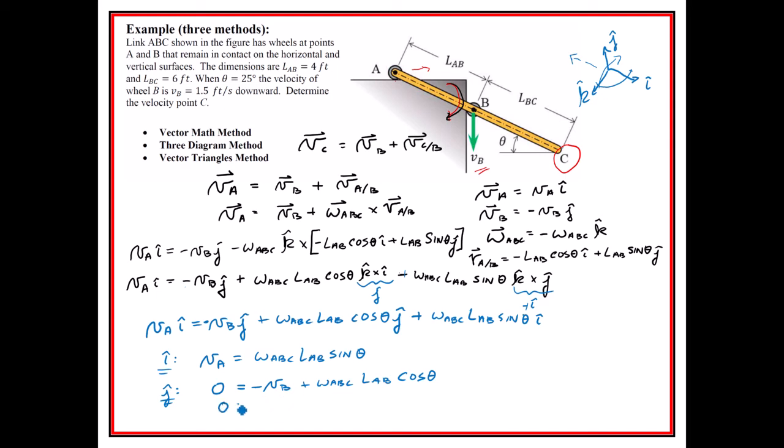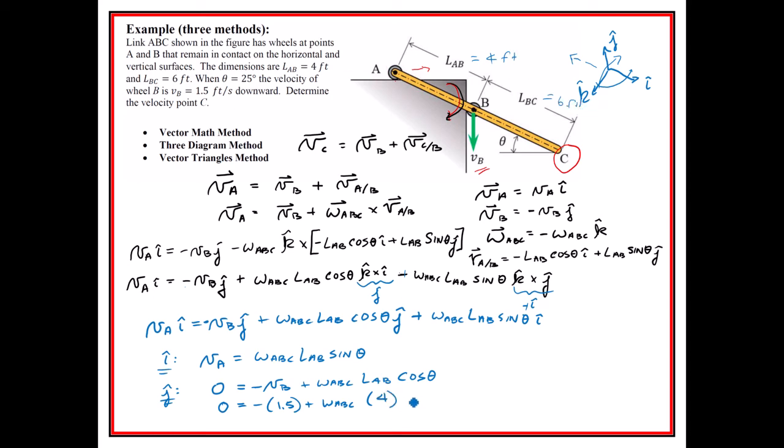So just plugging in some numbers, we have negative, what do we say? It's 1.5 plus omega ABC times our LAB, which was 4 feet, right? There's 4 feet.